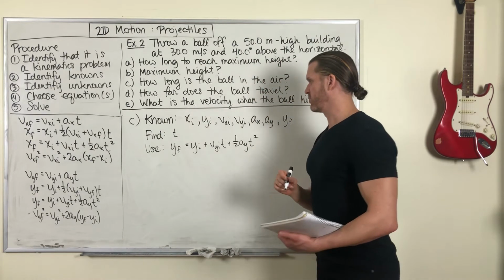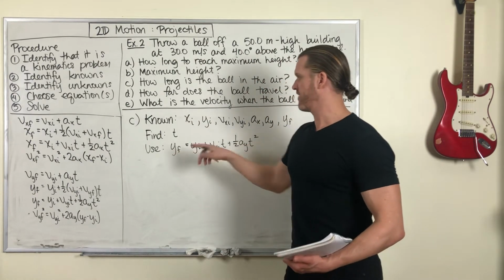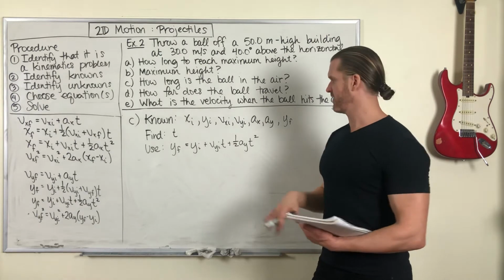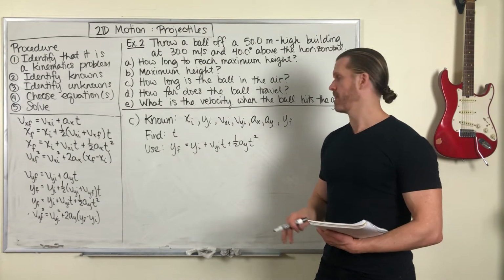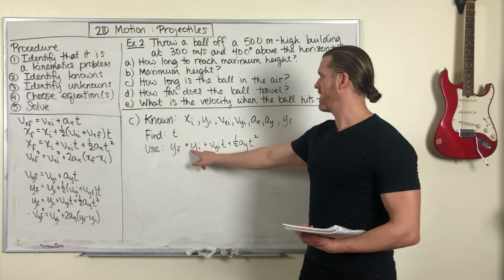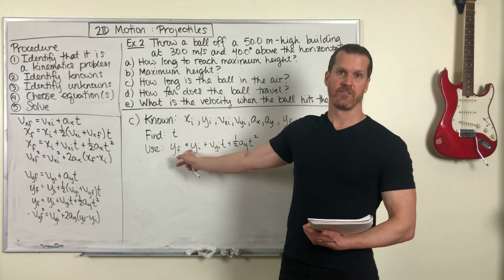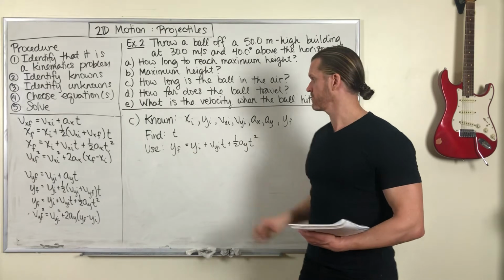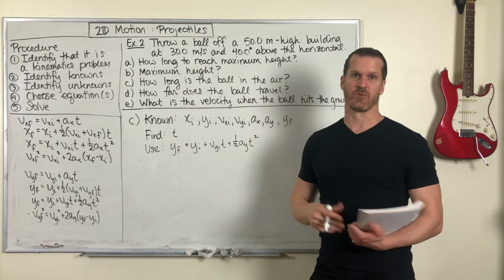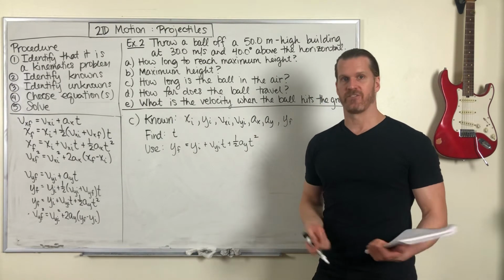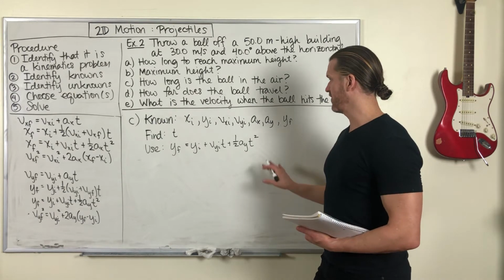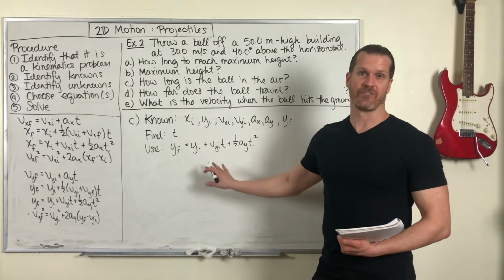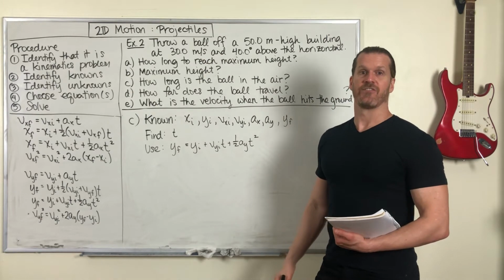In the previous example, both y final and y initial were 0, and that let us solve this using some simple algebra. But now, y initial is not 0, it's 50 meters, which makes the algebra more complicated. In fact, you have to use the quadratic formula to solve it. So let me derive the quadratic formula for this situation.